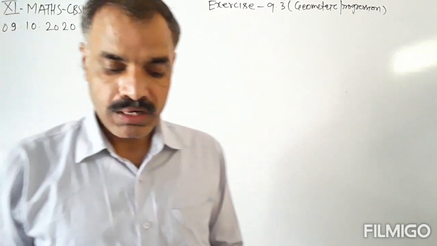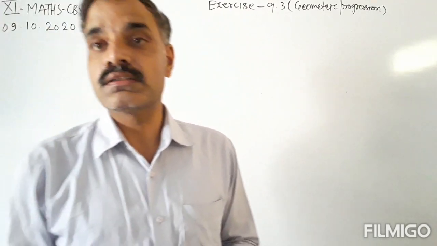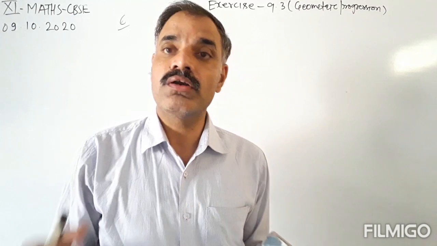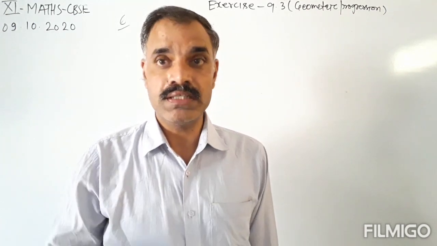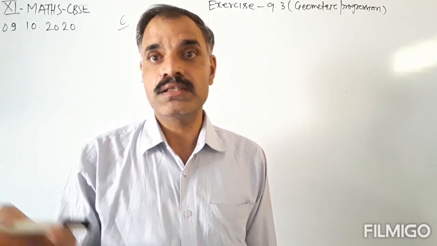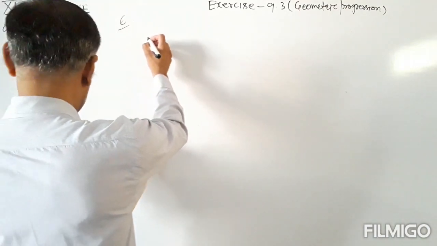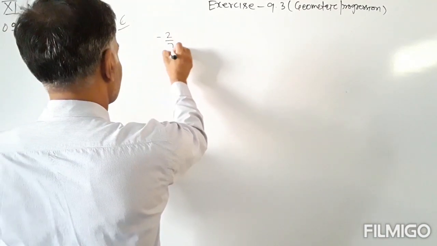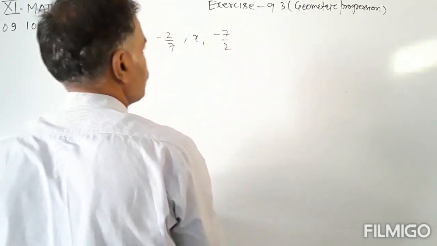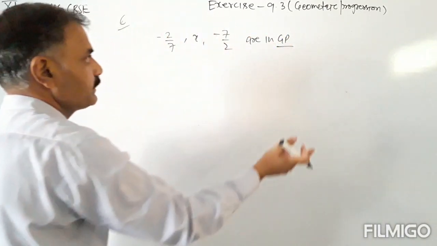For what values of x are the 3 numbers in GP? We have already discussed that 3 numbers A, B, C are in GP if B square equals AC, meaning the square of the middle is equal to the product of the extremes. The numbers given are minus 2 upon 7, x, and minus 7 upon 2, which are in GP. So we have to find the value of x.